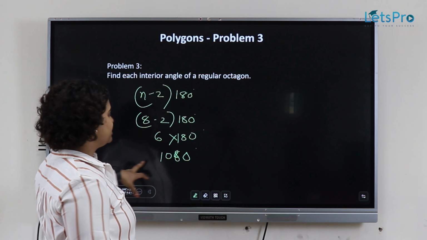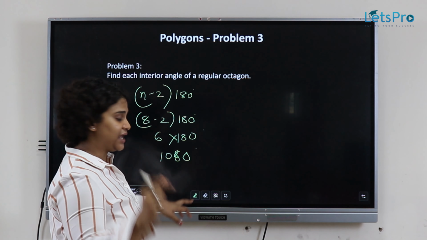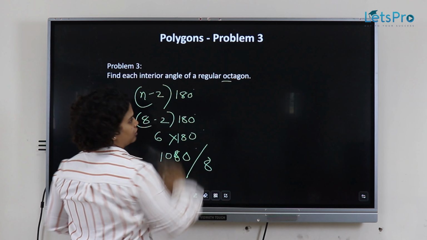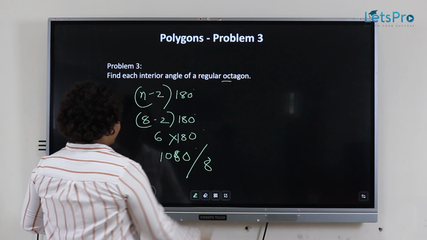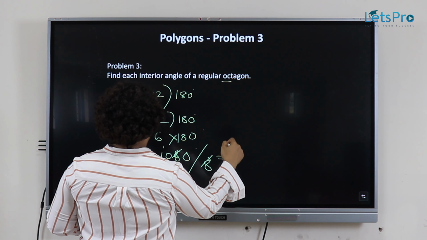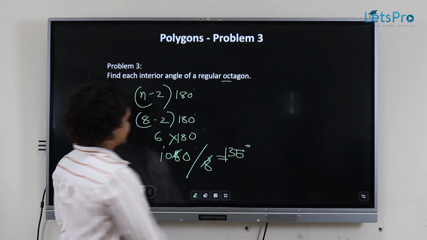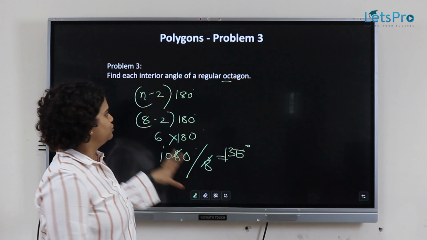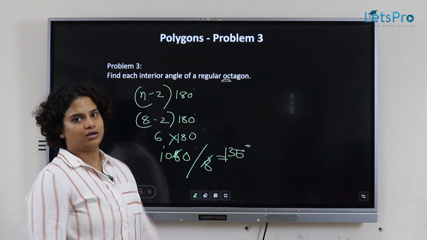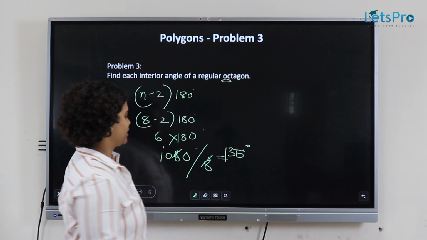Now they're telling you each, meaning every angle. How do we find out? We simply divide it by 8 because it is an octagon. So if you divide, you're going to get 135 degrees, as simple as that. So you just simply divide it by the oct part, which is 8.